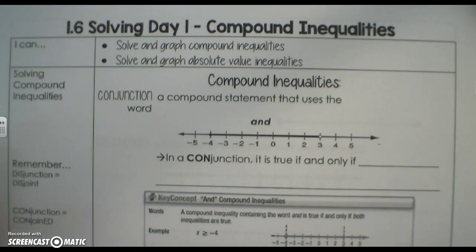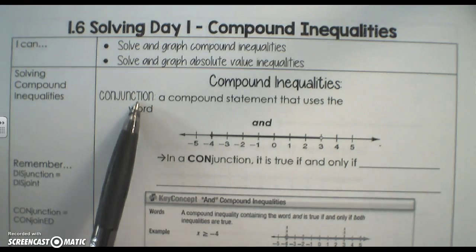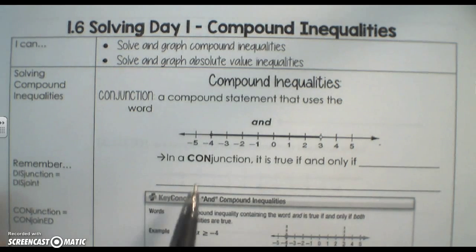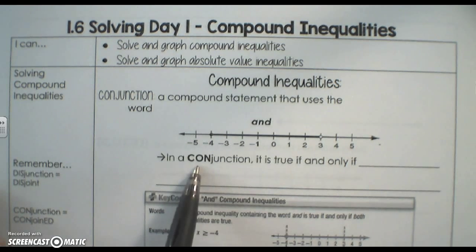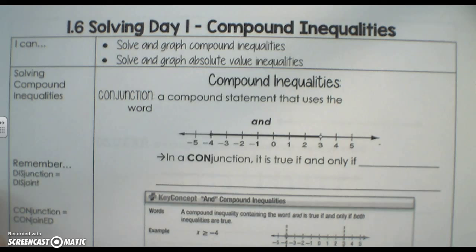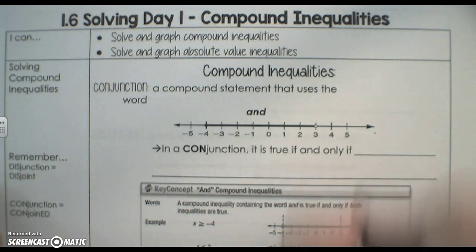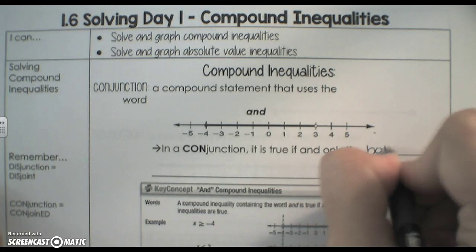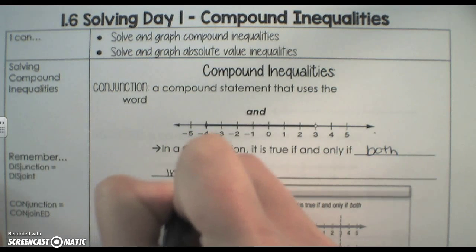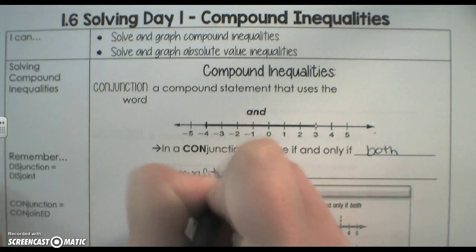So the word conjunction, a compound statement that uses the word and, meaning kind of together, is true if and only if both inequalities are true.